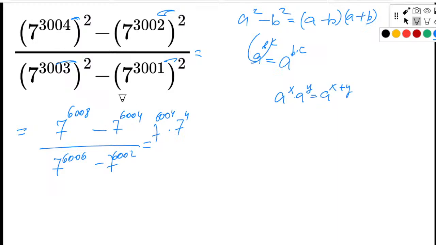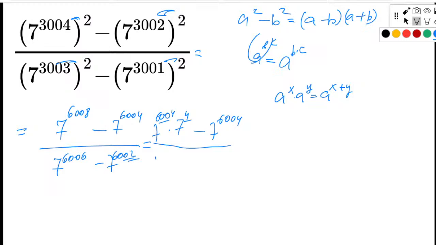This is here 6004 and 8. And why we did 6000 and 1004, so they would be equal. And we can do 2 instead of 4, because in the denominator we have 2. It is the least one, and here this one is the least one.